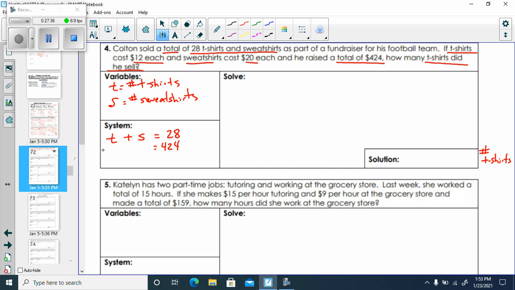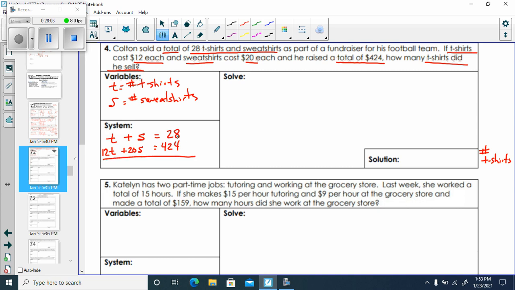T-shirts are $12 each. Can I multiply the number of t-shirts sold by 12 to figure out what you made on t-shirts? Plus, sweatshirts cost $20 each. 20 times the number of sweatshirts sold, that's your S, it's not a 5, would give you how much he made on sweatshirts, right? And he made a total of $424.